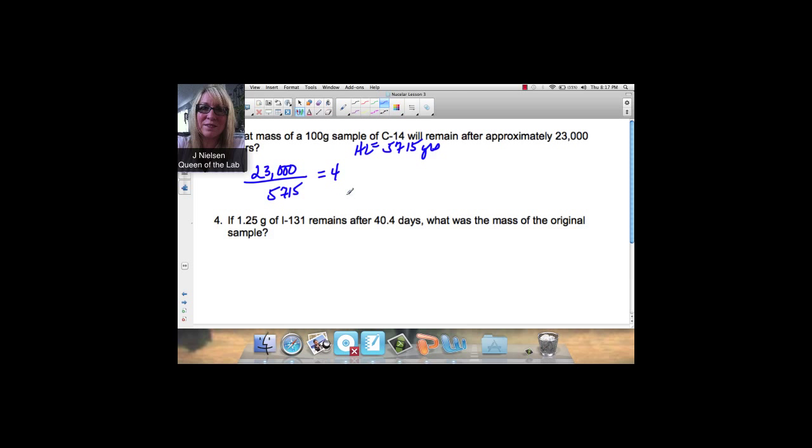So 4 half-lives. I started with 100, and they want to know what's going to be left. First half-life, 50. Second half-life makes it down to 25. Third is 12.5. And fourth is going to be 6.25 grams after it underwent 4 half-lives.